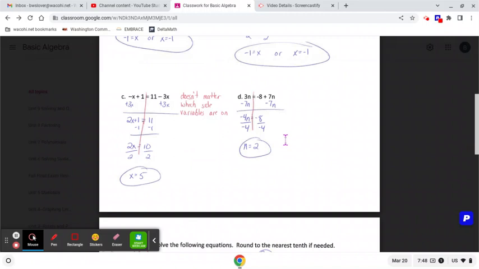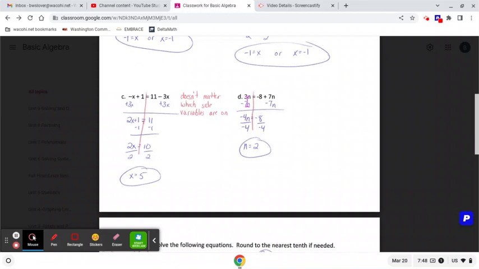Letter D is the same concept. I have variables on both sides. Now, it doesn't really matter which side your variables go on, whether you get them on the left or on the right. But I will caution you, if I subtract 3n, then I don't have anything over here. And that's okay. It would be a 0.